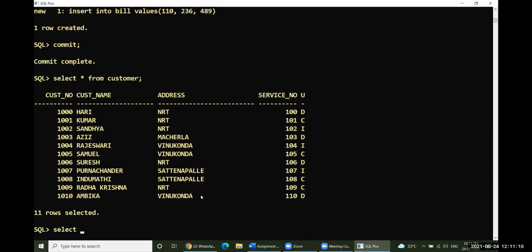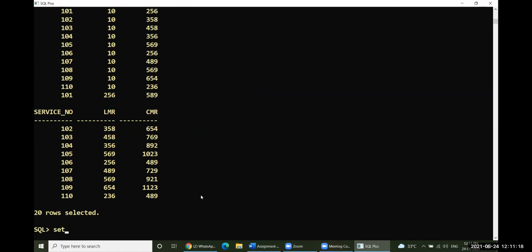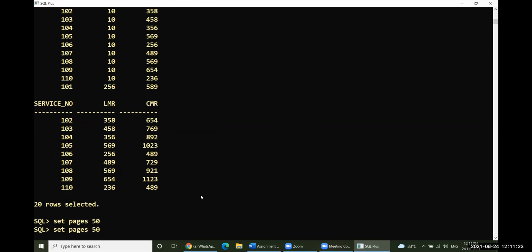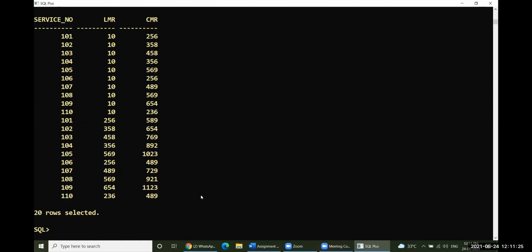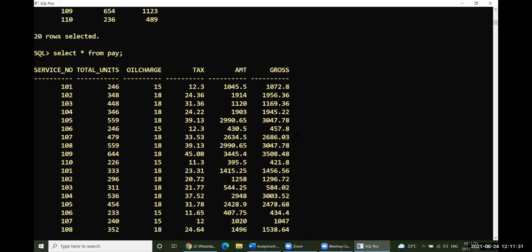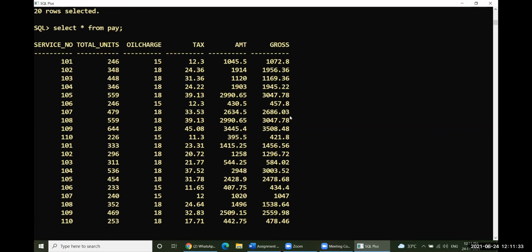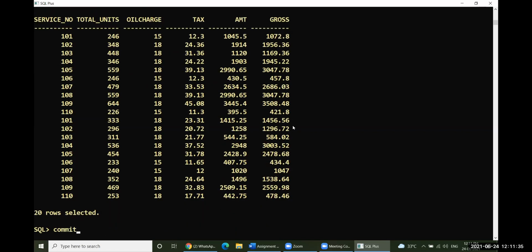Select everything from bill. So this is the complete bill, and select everything from pay. Obviously everything has been calculated. Let me operate commit again.